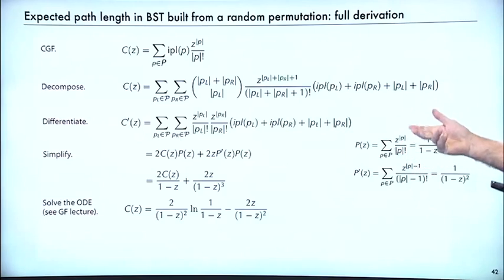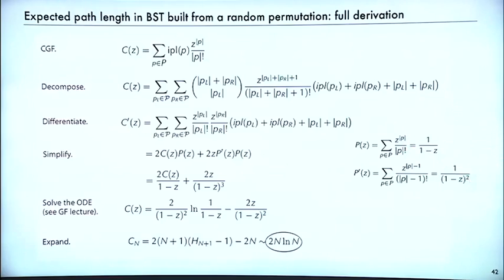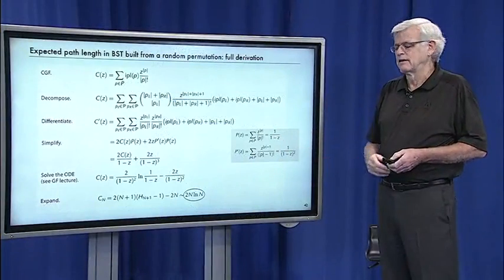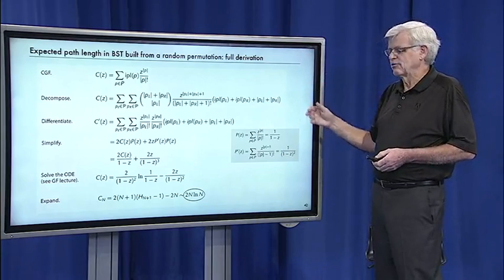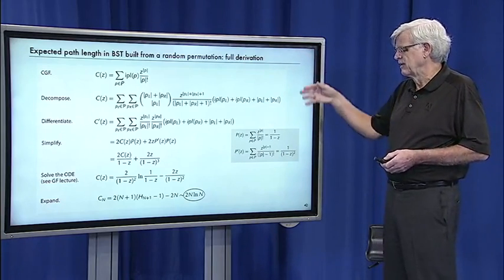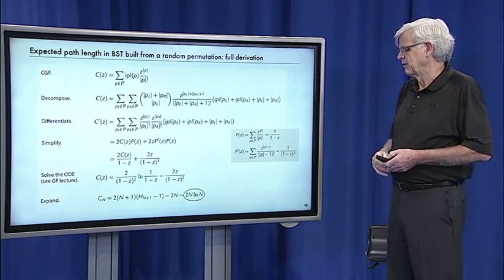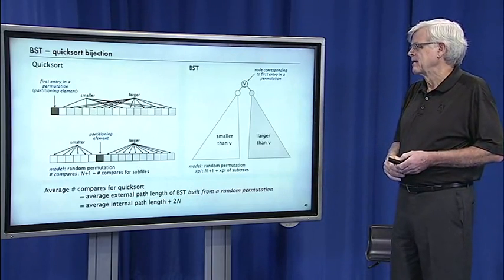And those are elementary series that we can expand to find the coefficients as we did before to show that the average internal path length in a binary search tree is asymptotic to 2n natural log n. So a log n as a factor, if you divide by n, log n to the average node in a binary search tree, square root of n in a binary Catalan tree.